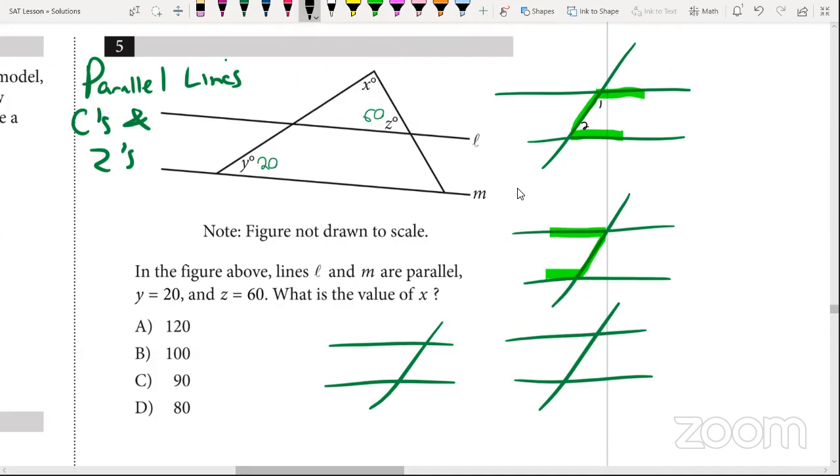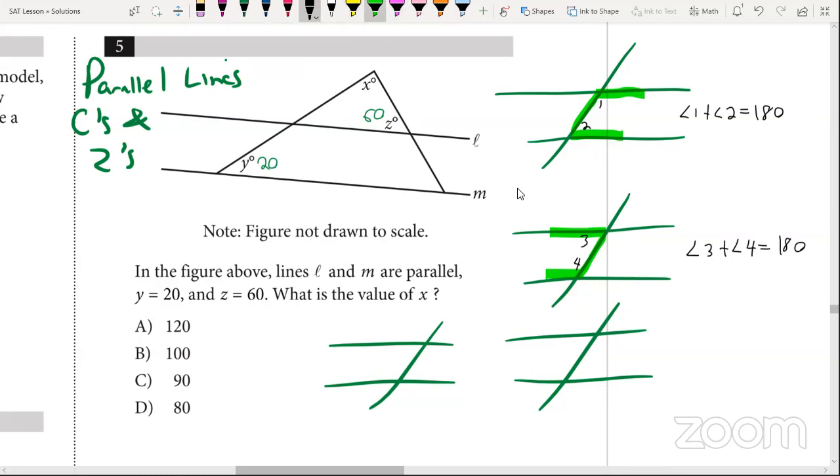So here, angle 1 and angle 2 equals 180. And here, the measure of angle 3 and the measure of angle 4 equals 180.